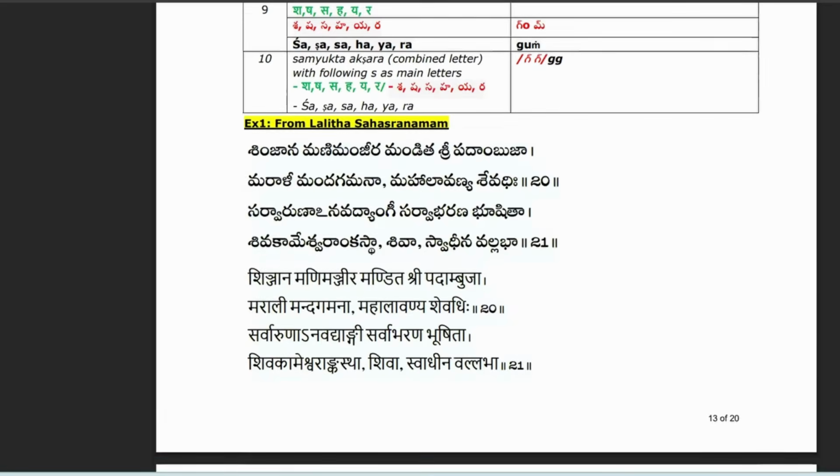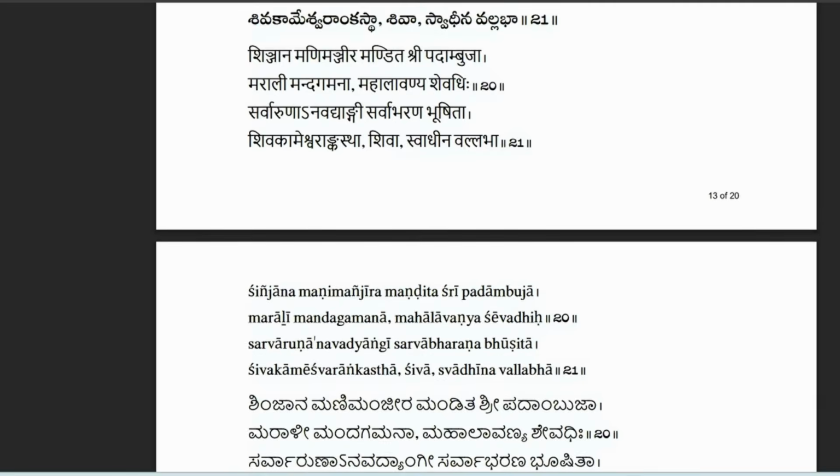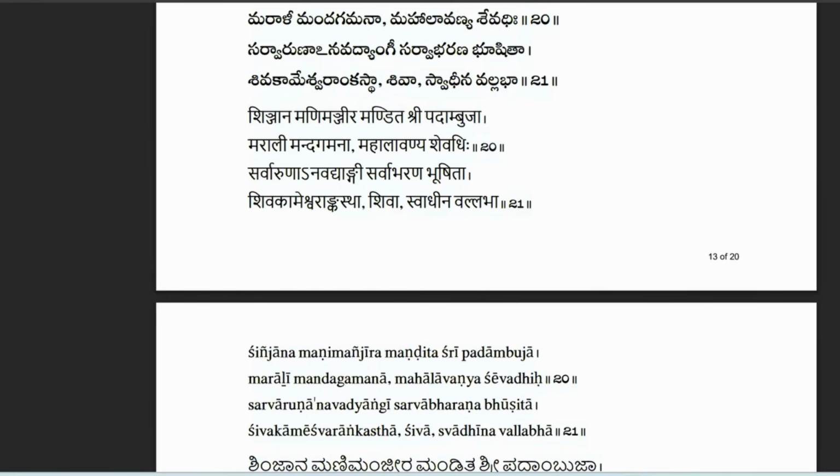So the Anuswara is a dot in the Roman script, but in the Devanagari script, how do you identify that? In the Devanagari script, there is no dot there. Here they already put the rule there. You see that last letter in this script. The rule is already applied and the letters changed already. You don't have the Anuswara in there. That's the letter that is from the Ka family, the last letter of the Ka family.